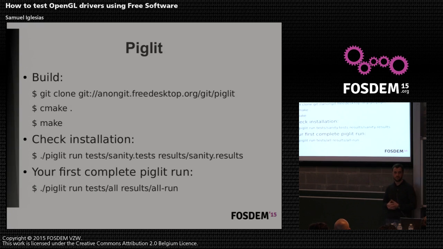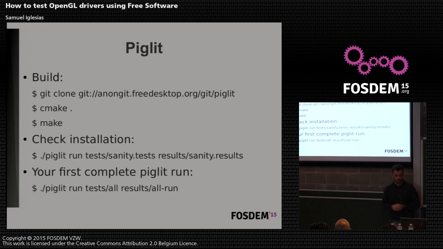Once you have everything, building Piglit on your system is very easy: clone the repository, configure it, and make. It has the install target, but usually you run it from the build directory.